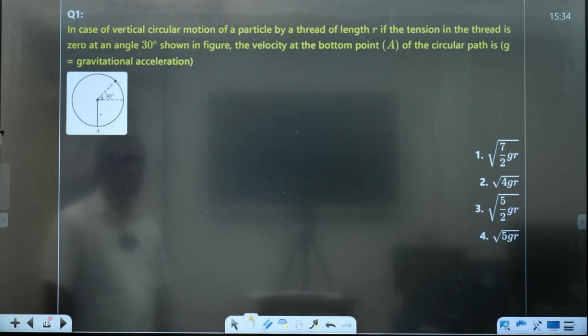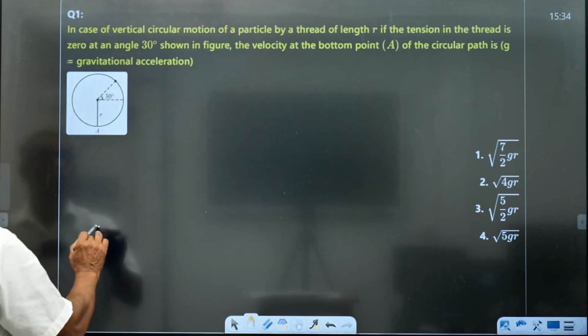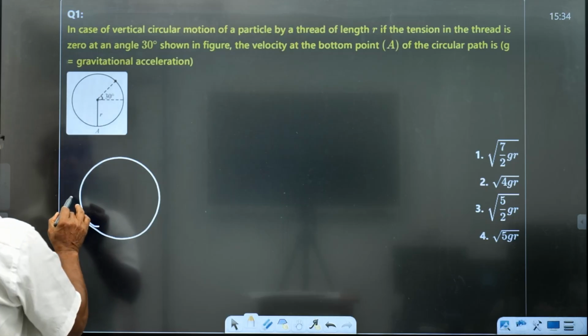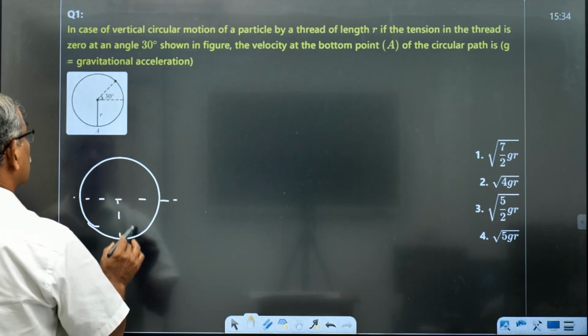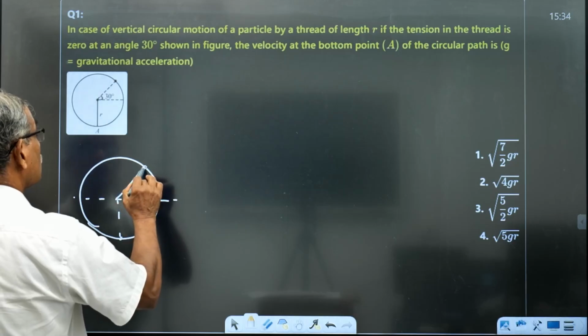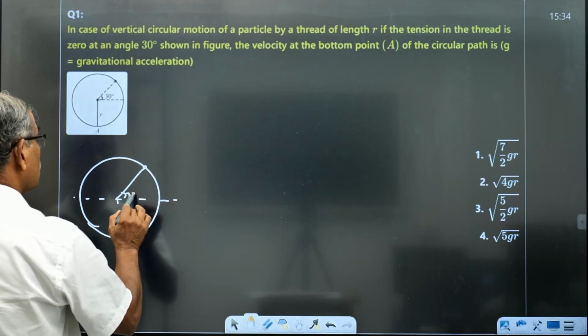That's okay. If we draw the figure again, from here we project so that the body reaches here. This angle is 30.